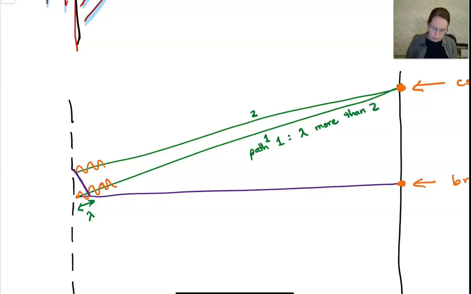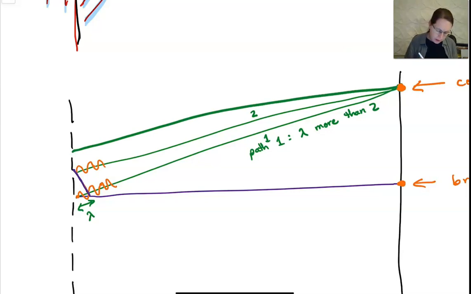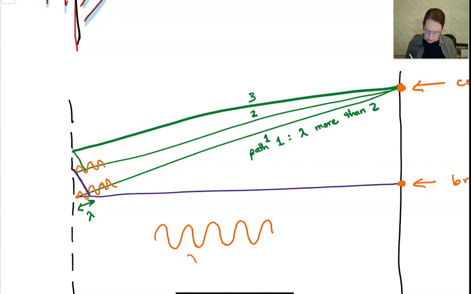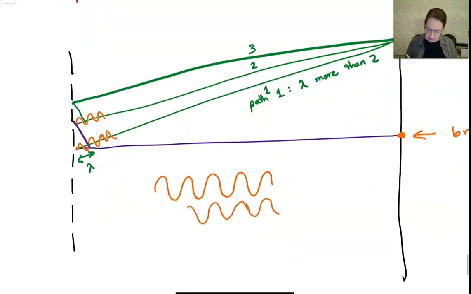And then if we add path 3 right here, then path 1 will be 2 wavelengths more than this third one, and there'll be 1 wavelength difference between 2 and 3. And so if we keep everything 1 wavelength apart, like this is the first one, and it's coming up, and then the second one sort of comes up like this, you can see that they all match up with each other.